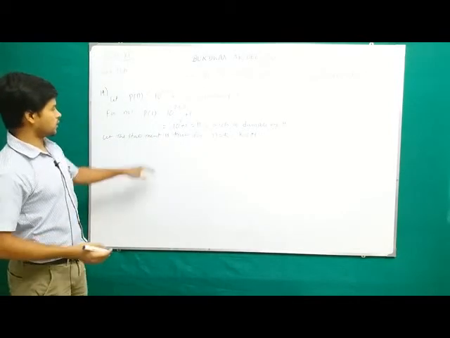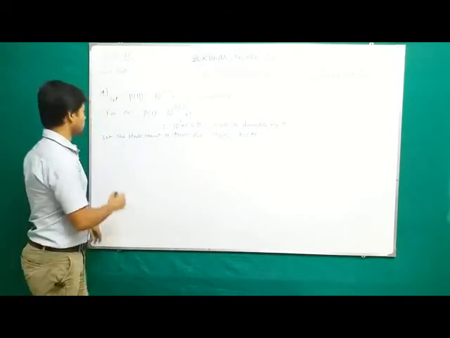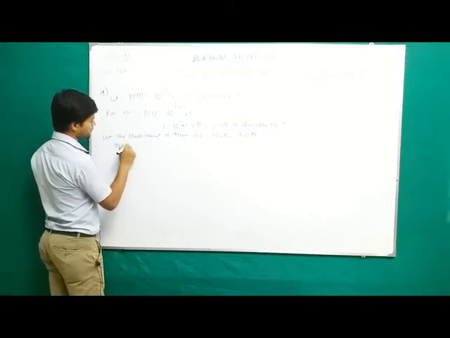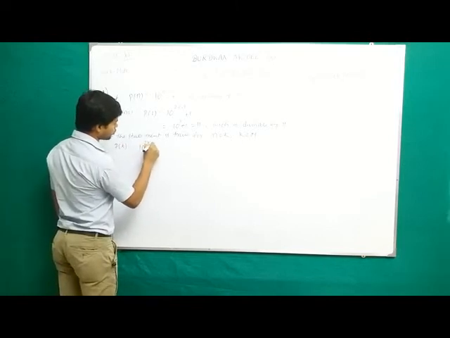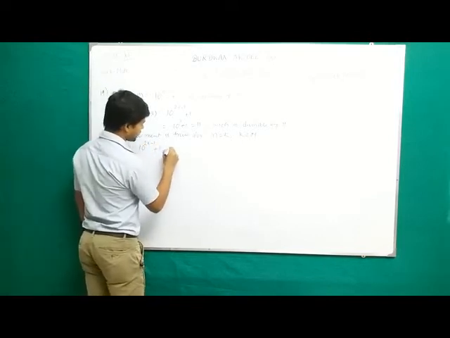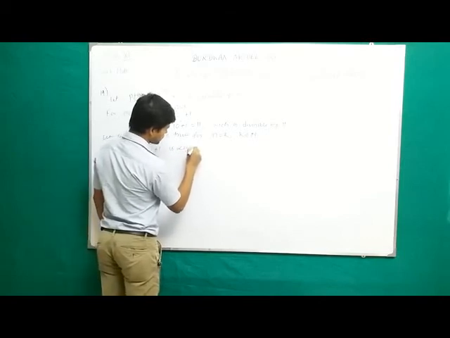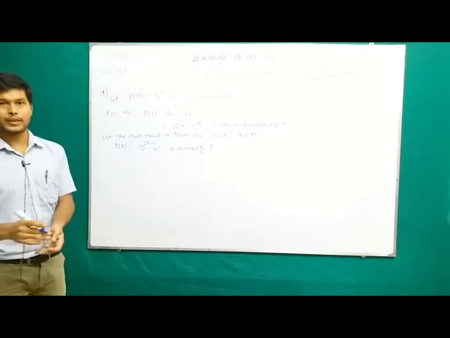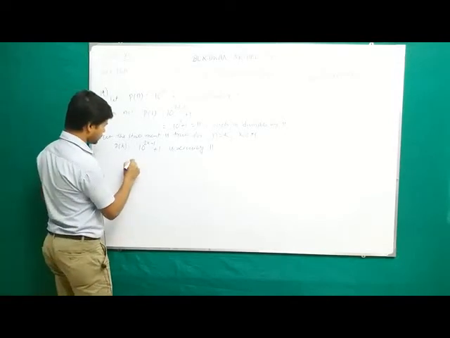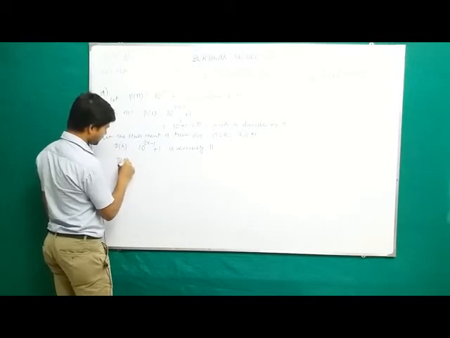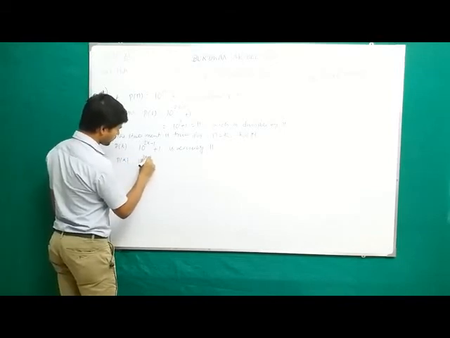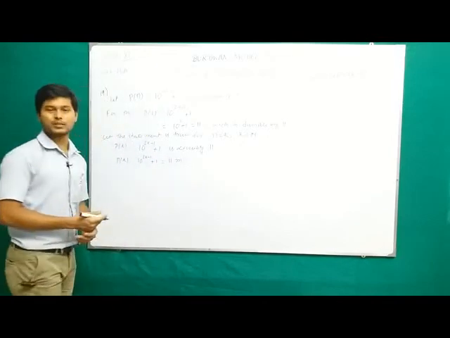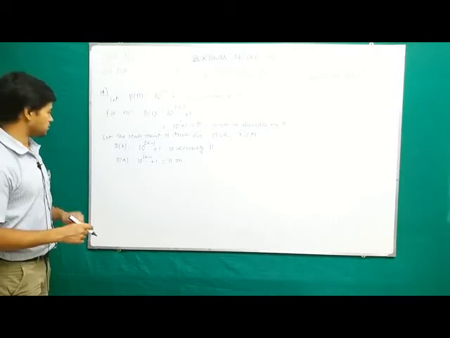Since the statement is true for n equal to k, we can write P of k such that 10 to the power 2k minus 1 plus 1 is divisible by 11. And we know anything divisible by 11 can be expressed in the form 11 into something. So we can consider 10 to the power 2k minus 1 plus 1 as 11 into m, where m is any integer.